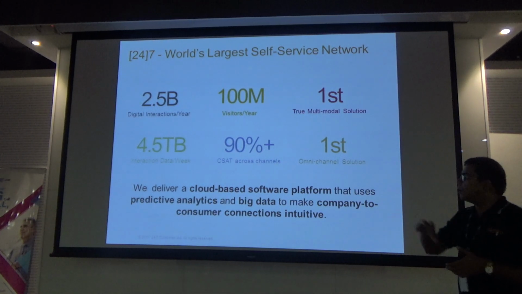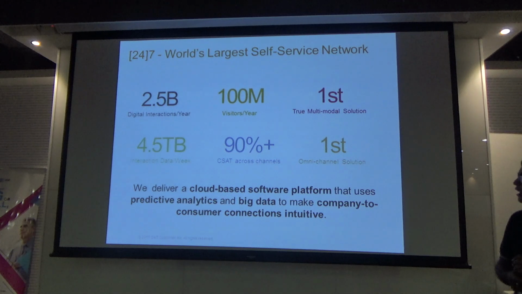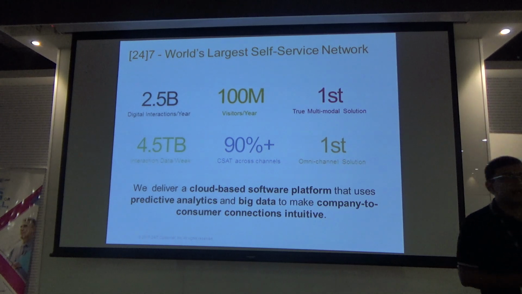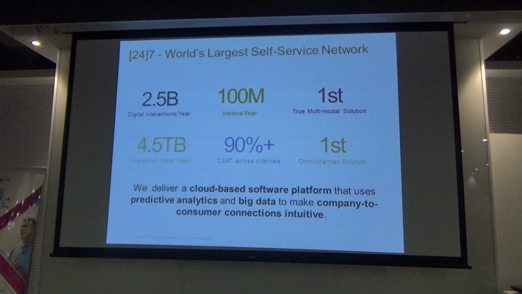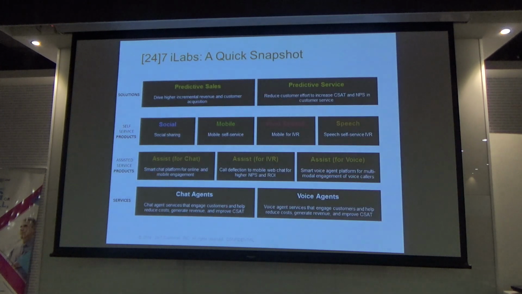For example, we get almost 4.5 terabytes of interaction data per week. This is slightly older; we have surpassed these numbers quite substantially in the last 7-8 months. But the amount of data that we deal with is quite substantial.